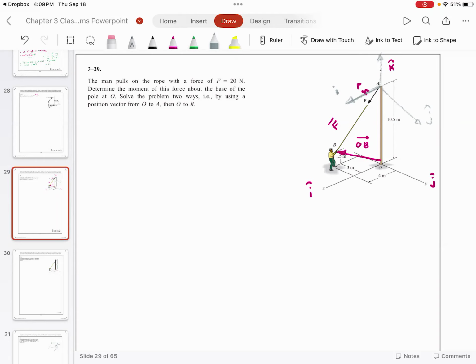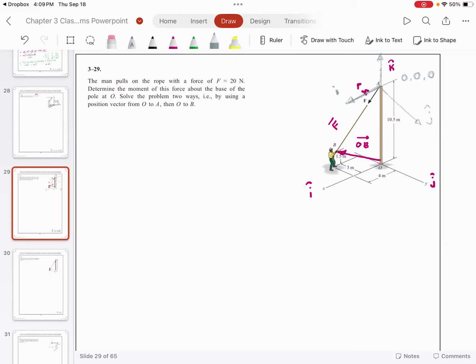Now, if I want to go from point A to point B, I'm going to assume point A as my reference point. Why am I doing this? Because I need to find the direction cosines, or the unit vector. So I'm going to assume point A is at 0, 0, 0.